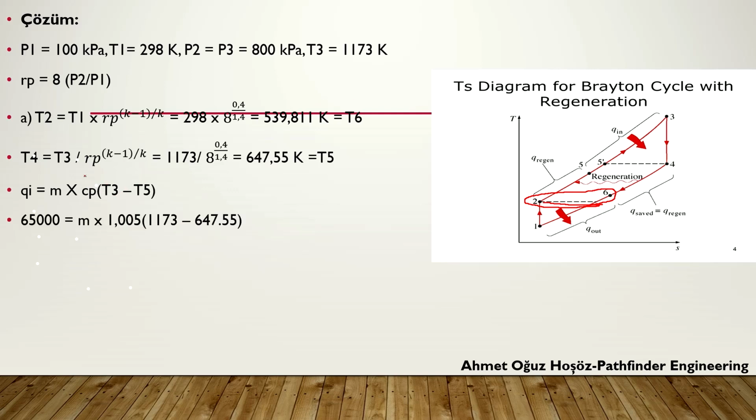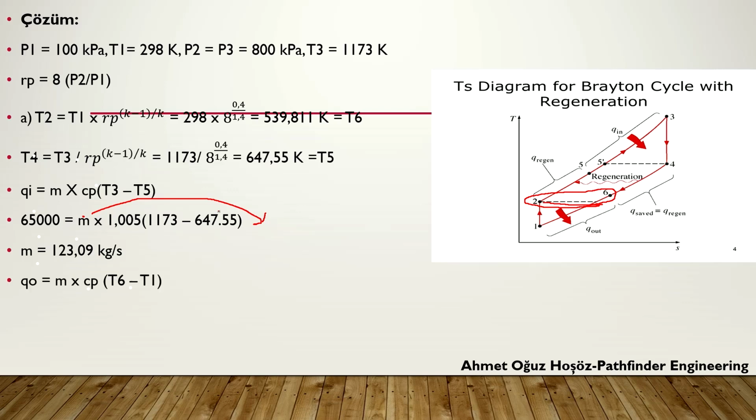Qin is already given in the question, 65,000 kilojoule per second, so we can take the mass flow rate from there, and it is 123.09 kilogram per second.